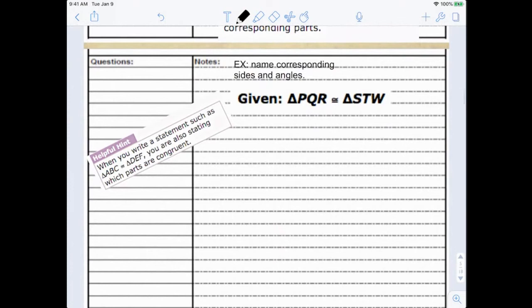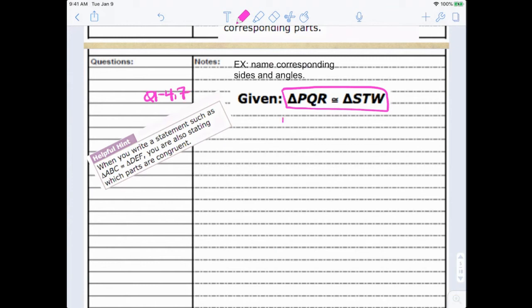So for example, questions 1, 2, 3, 4, and 7 are going to be things like this. To prove that you can use the congruence statement to name corresponding sides and angles. So given this congruent statement, again, this is just an example like questions 1 through 4 and 7. Can you name all the corresponding sides?